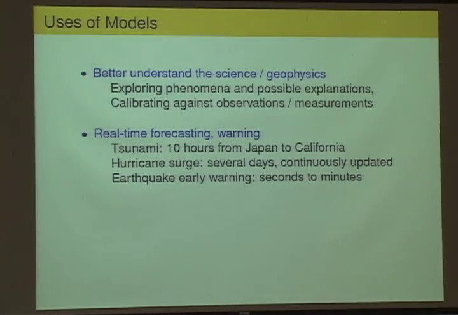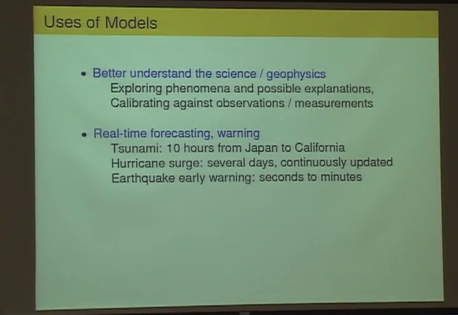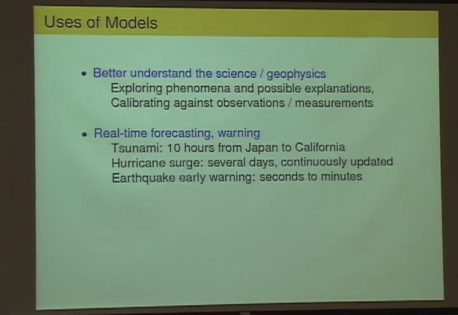But in general, it's a big potential application of these sorts of codes. In the case of a tsunami, say the big Tohoku event in 2011 off the coast of Japan, it took about 10 hours for that tsunami to propagate to California. So there was quite a bit of time to run numerical models and to warn people to evacuate from certain places.